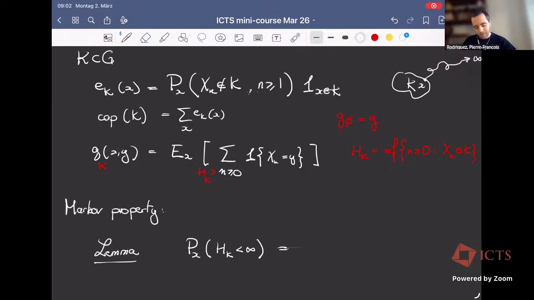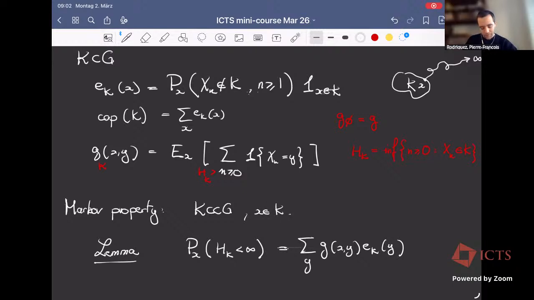It's a finite sum, g of xy times ek of y. Okay, and this is for any finite subset K, and any x.